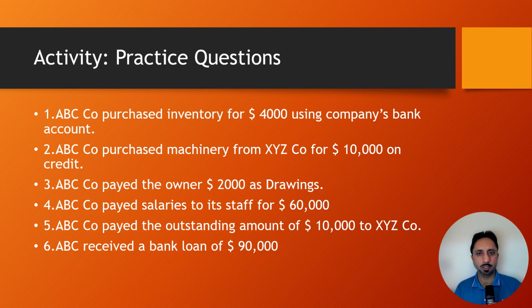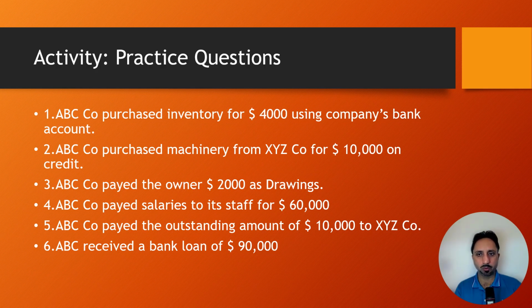So here you'll find some practice questions to apply the various rules that I mentioned in my previous slides. ABC Corporation purchased inventory for $400 using company's bank account. So as you can see, there are two assets.